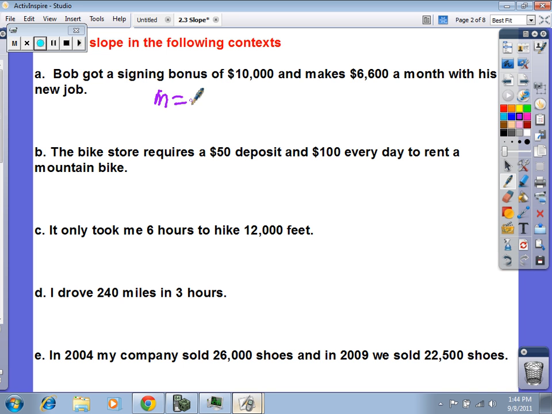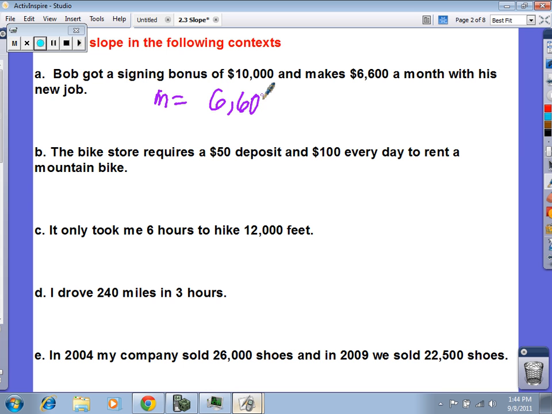M equals $6,600 every month. You times it. It's 6,600x. Kevin, it is always times x. X is your month.